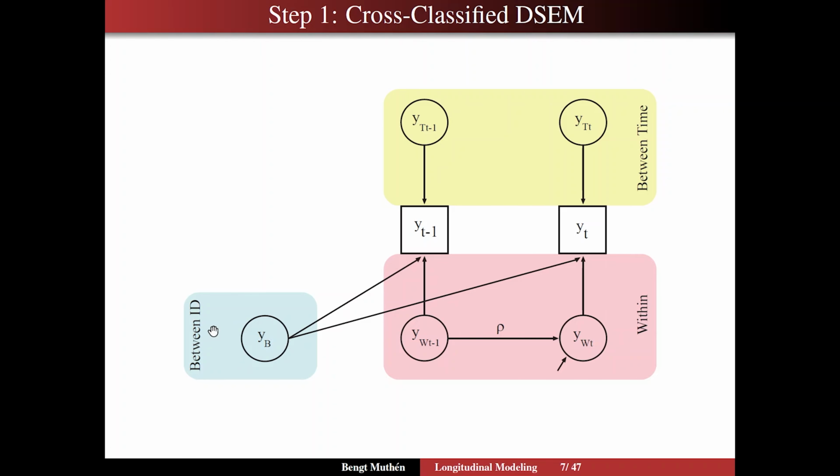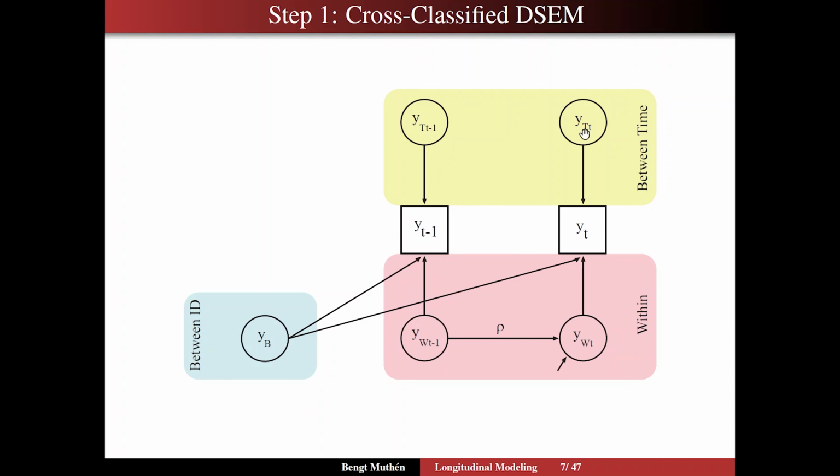Now we're focusing in this web talk a lot on cross-classified DSEM. So it's a cross-classified model, and that is an expansion of regular DSEM to add this part, where for each time point we add a latent variable, a further decomposition, a time-specific component, capturing time-specific variation. So you have y for the between time component.